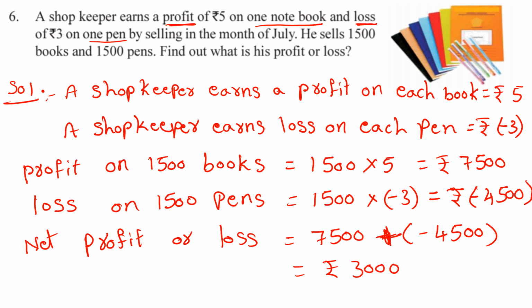When we add positive and negative, we should subtract. The positives are more, that's why it is 3000 rupees. So therefore, he earns 3000 rupees profit. That is the answer, children.